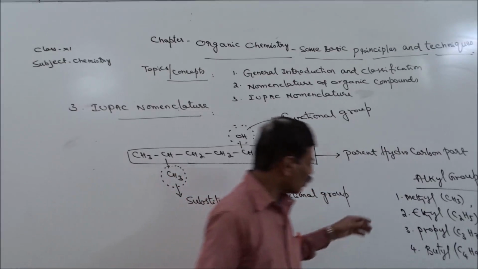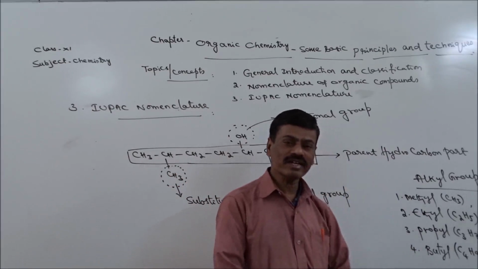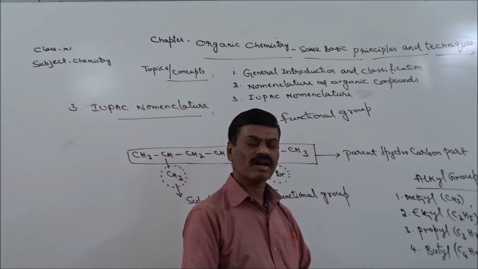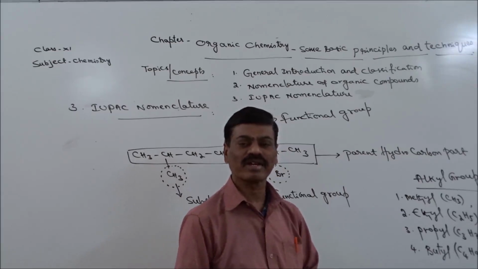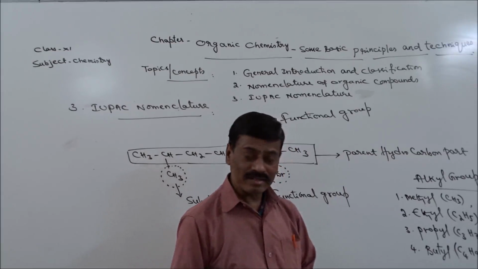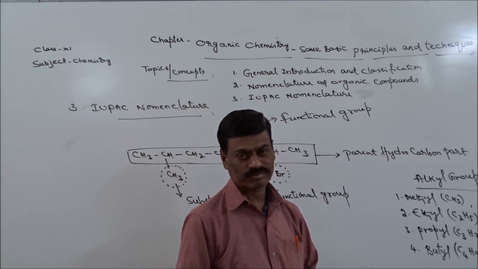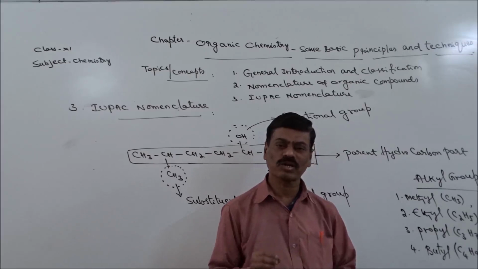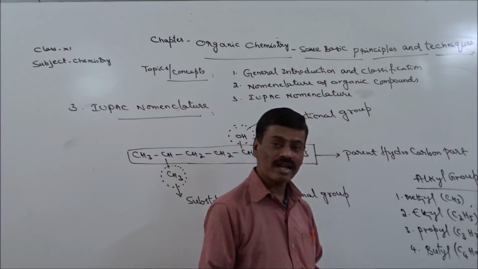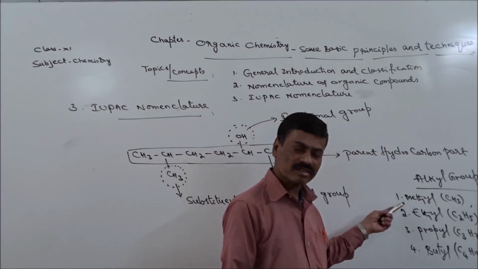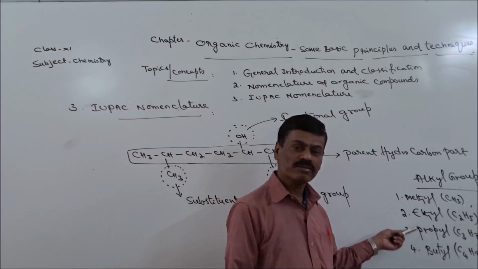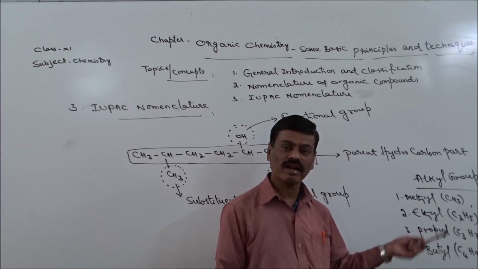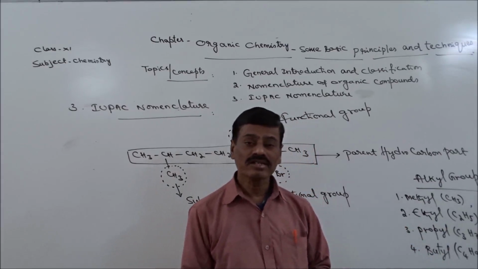Whenever we remove one hydrogen atom from any alkane, we will get the concerned alkyl group. Alkane minus hydrogen atom is equal to alkyl group. That alkyl group can be methyl, ethyl, propyl, butyl, pentyl, hexyl, heptyl, octyl, and so on.